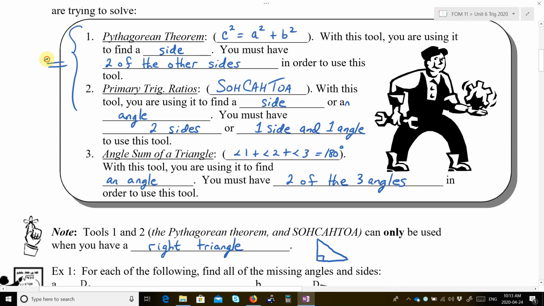Okay, so these 2 tools are only for right triangles. Okay, tool number 3 works in any triangle. Okay, so in any triangle, the angles have to add to 180, and we know that from geometry as well.